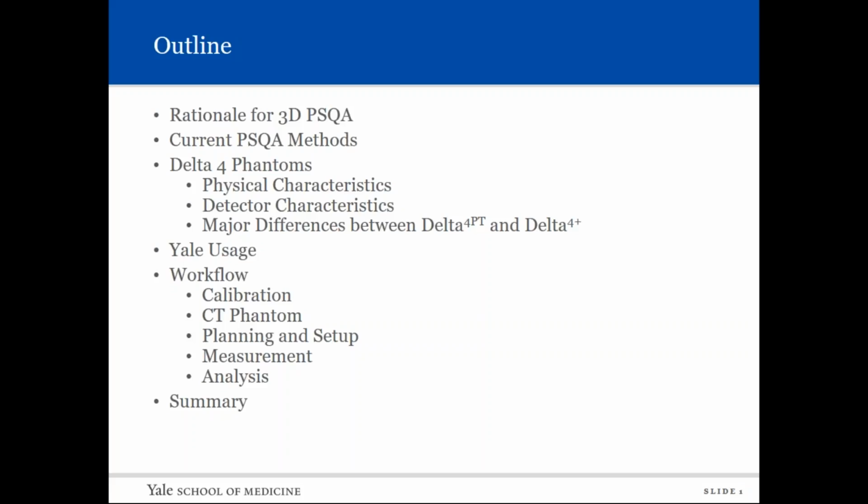I'll describe their physical and detector characteristics, and then talk about the major differences between the new Delta4 Plus Phantom and the older Delta4 that some people may be more accustomed to. I'll quickly go over the usage of it at our clinic, and then go through a really quick sample workflow of what a clinic could expect to do if they acquired one of these units.